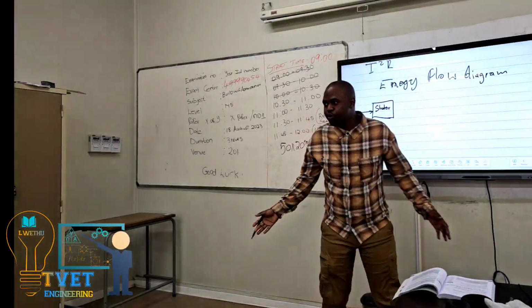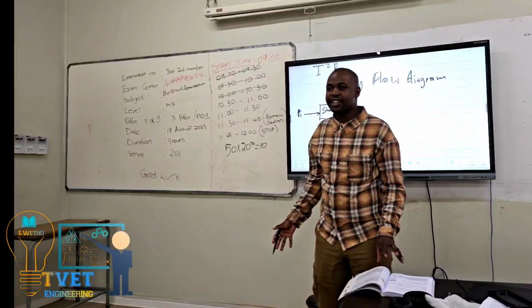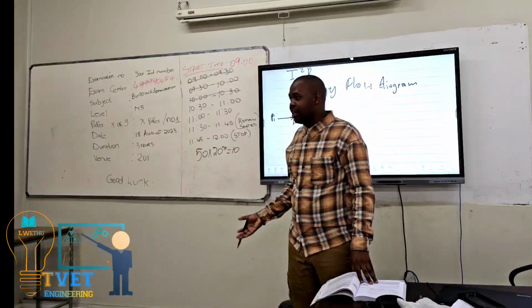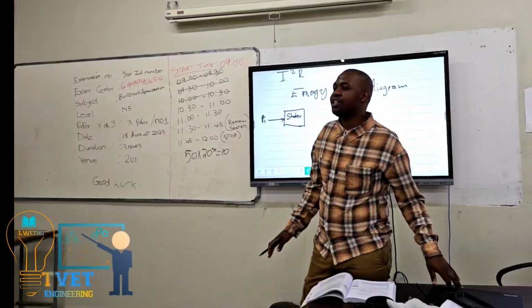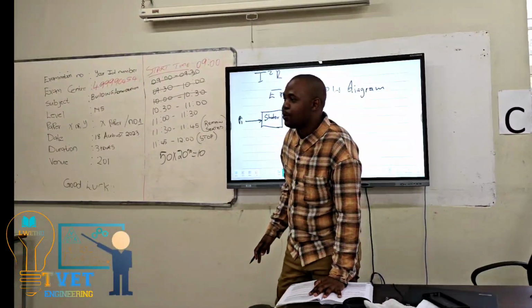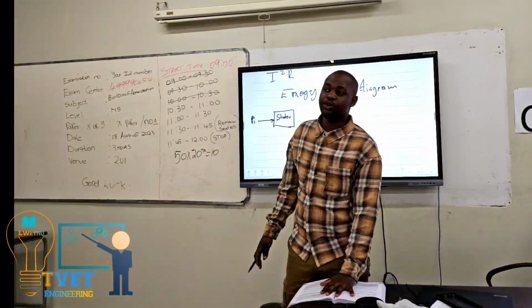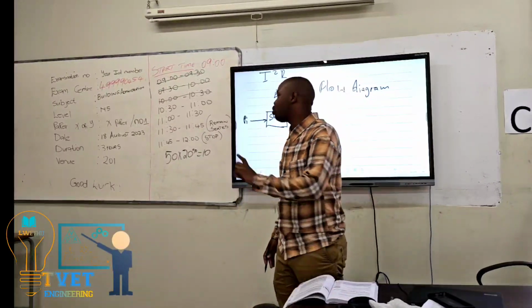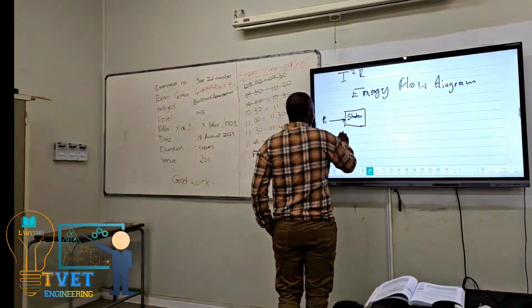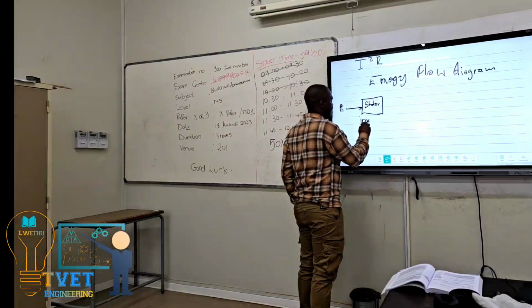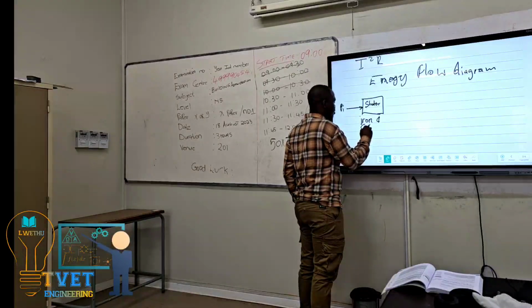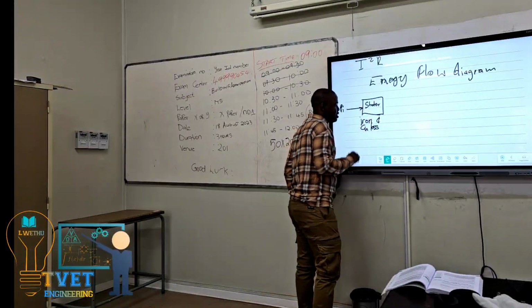Does the stator have a moving part? No, that means there is no friction loss. What are the losses with the stator? There are two losses with the stator, that is the iron loss and copper loss.